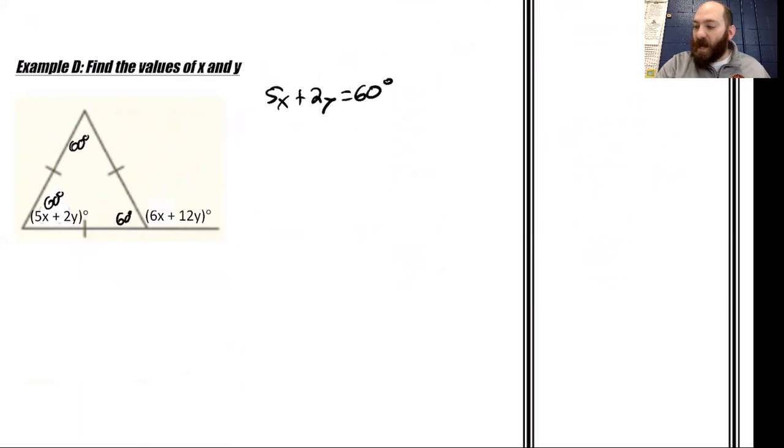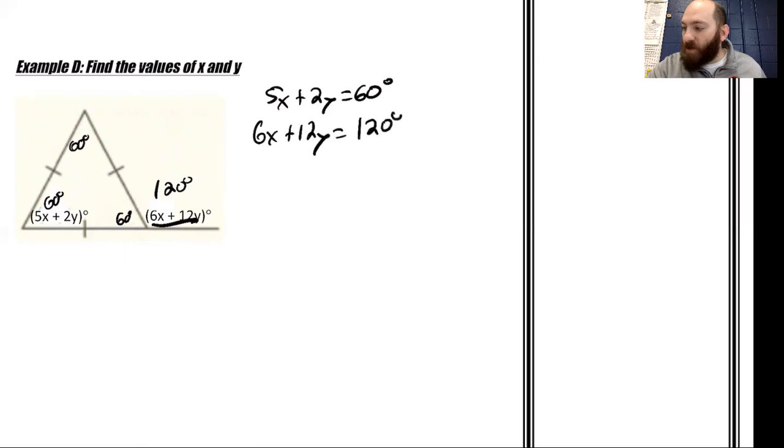I also notice that I'm going to have a linear pair or exterior angle theorem, whichever one works. So I recognize that this angle is going to be 120 degrees because it's either equal to the sum of 60 and 60 or 60 plus 120 equals 180. So my second equation is going to end up being 6x plus 12y equal to 120 degrees.